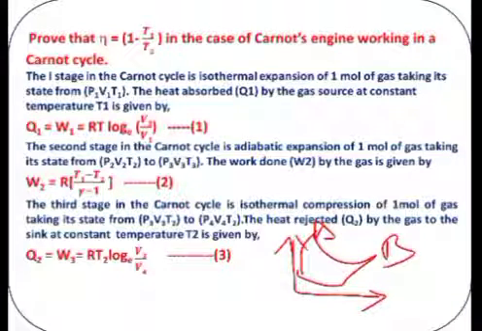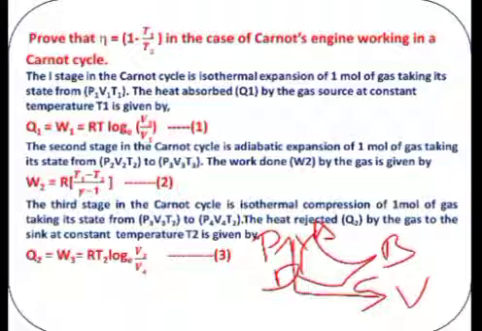AB is nothing but isothermal expansion, and BC means adiabatic expansion. DA is nothing but adiabatic compression, and CD is nothing but isothermal compression. This is volume and this is pressure. Already we discussed this one.